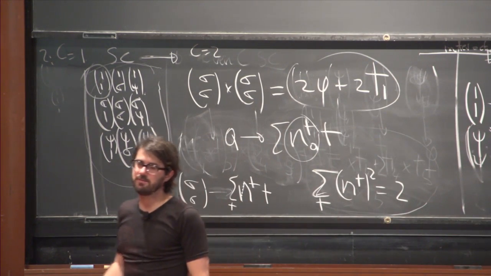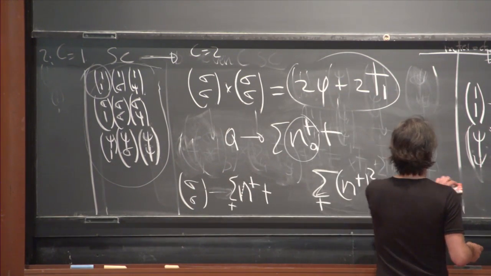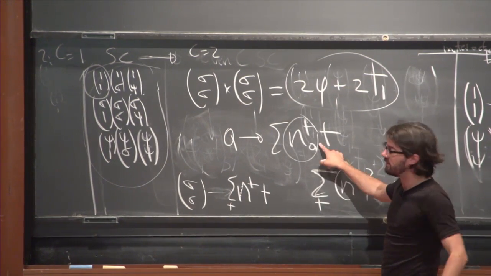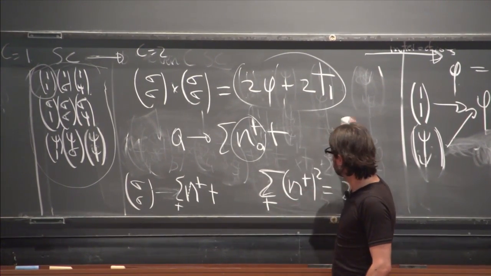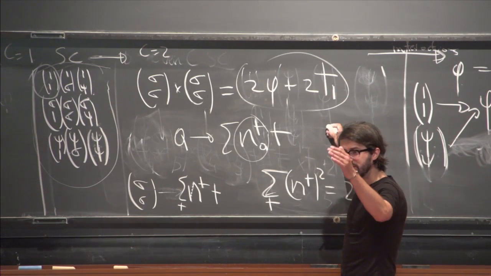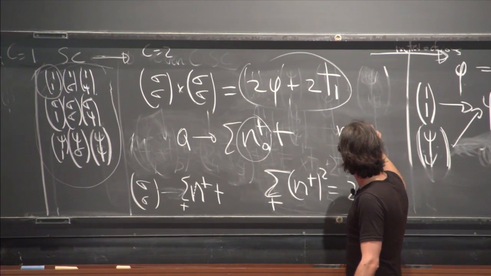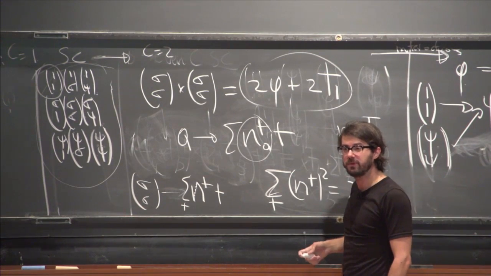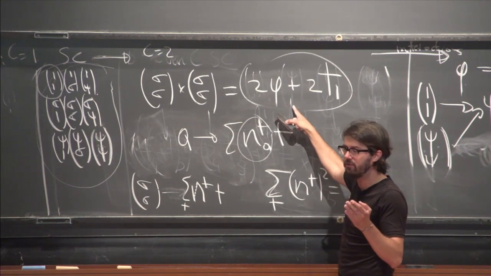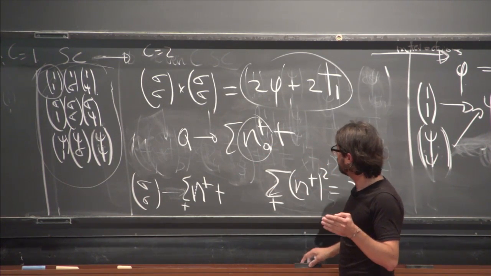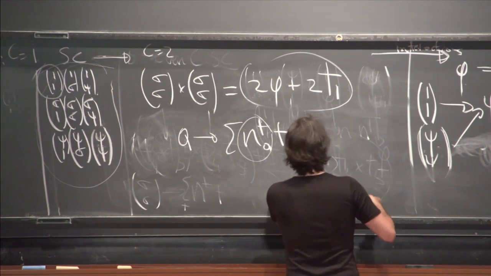Okay, these are the same things that in chiral extensions of algebras, you get the matrices that commute with the S matrix. The matrices that commute with the S matrix are n transpose.